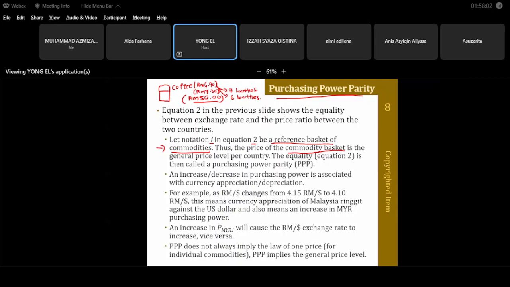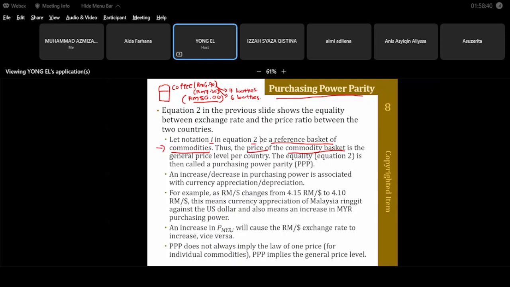Now we use the same concept to talk about a reference basket of a country, not just a basket you carry to the supermarket, but the basket for the whole country. Therefore, this basket consists of many goods and many services. And we also need a price that will value this commodity basket.